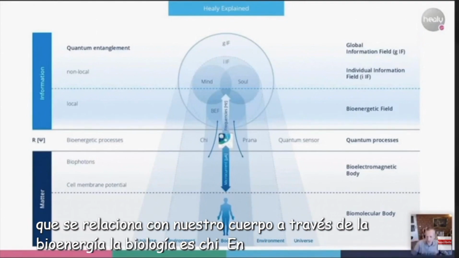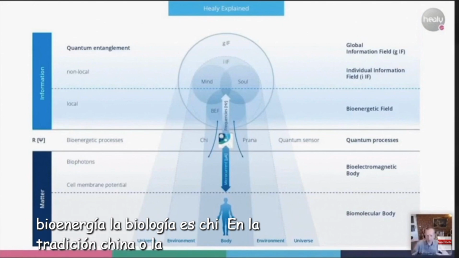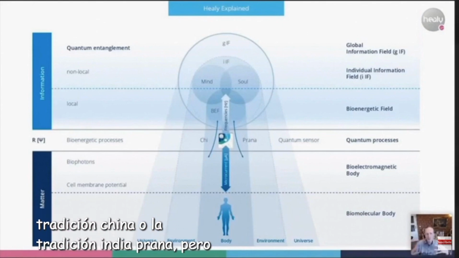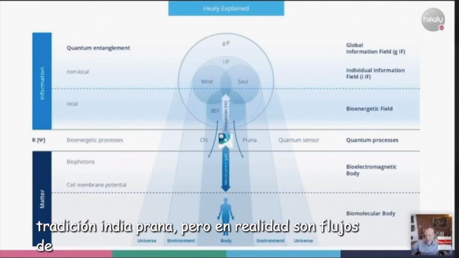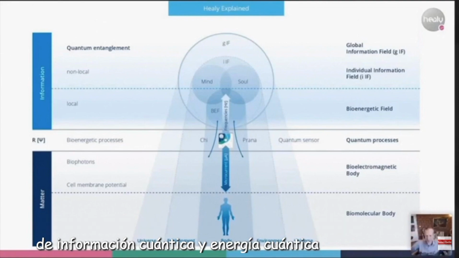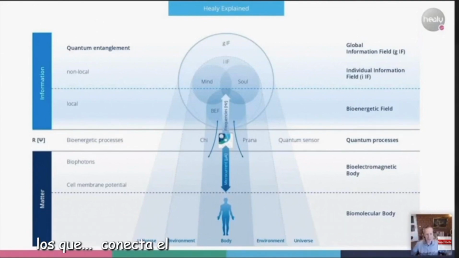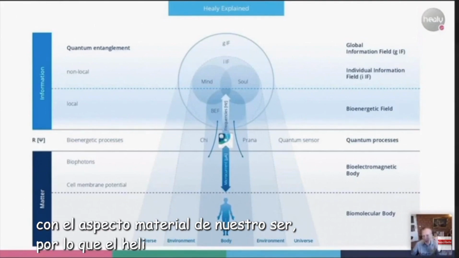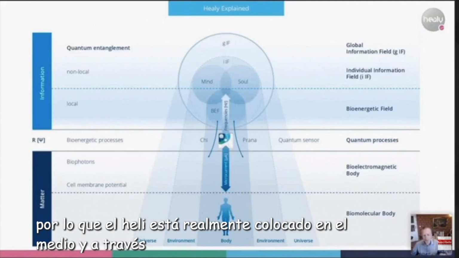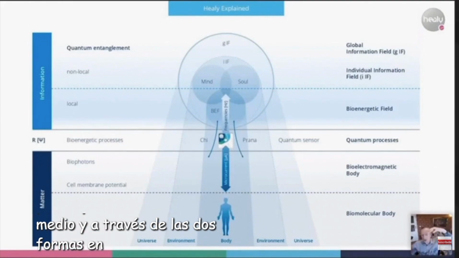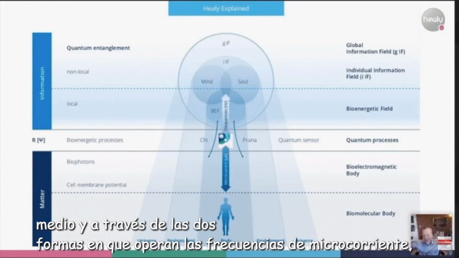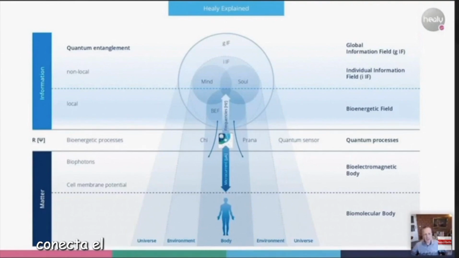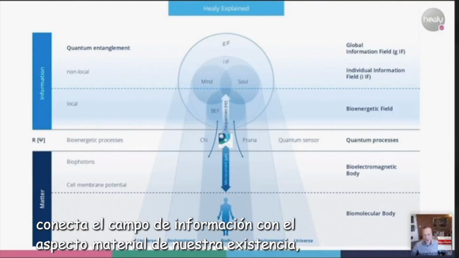Bioenergy is chi in Chinese tradition, or prana in Indian tradition, but it's actually flows of quantum information and quantum energy which connects the information field with the material aspect of our being. So the Healy is really placed in the middle, and through the two ways the microcurrent frequencies operate, connects the information field to the material aspect of our existence.